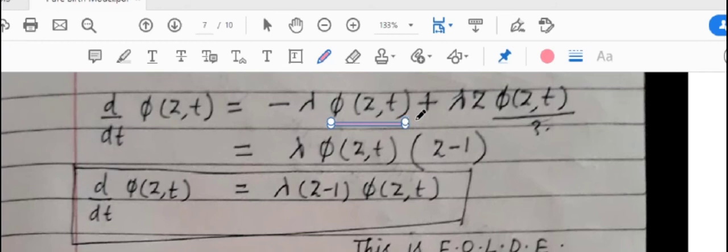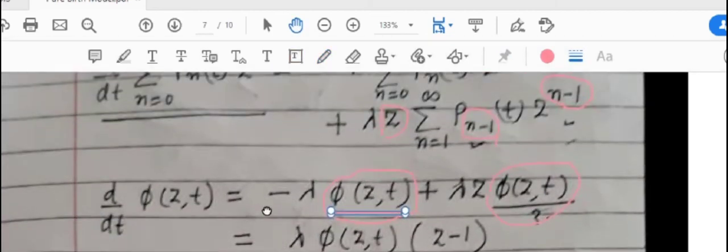This is the probability generating function. Now you look, we have also substituted for the other expression. This expression is a little bit different.